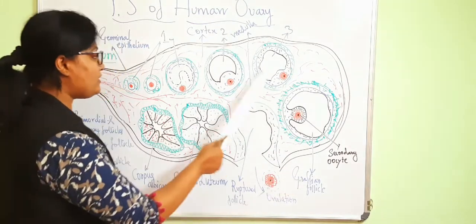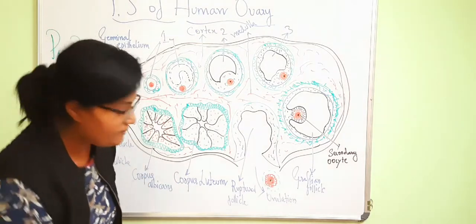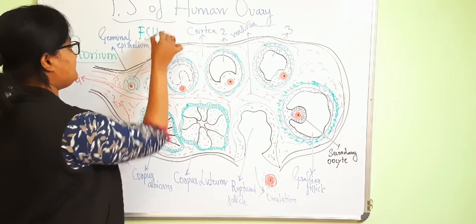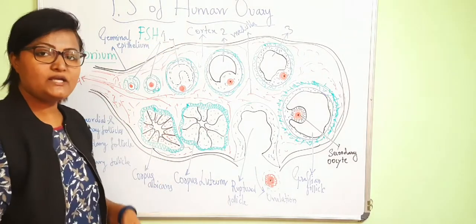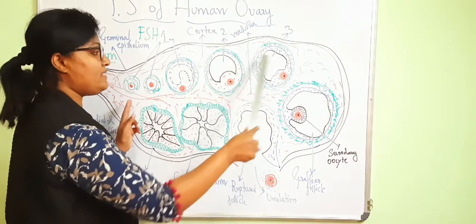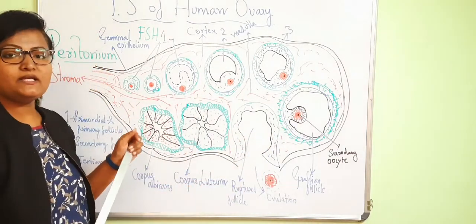This follicular development is helped by a hormone called FSH, follicle stimulating hormone, which helps in the development of the different follicles.